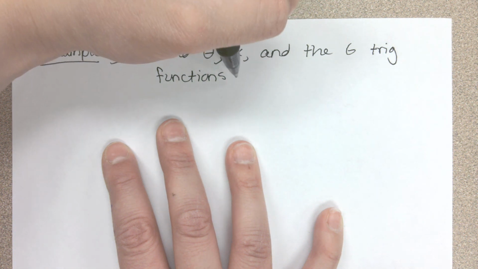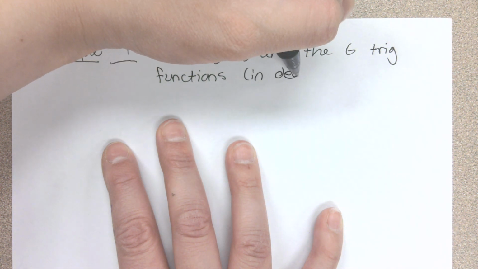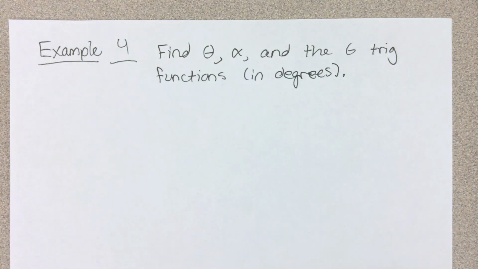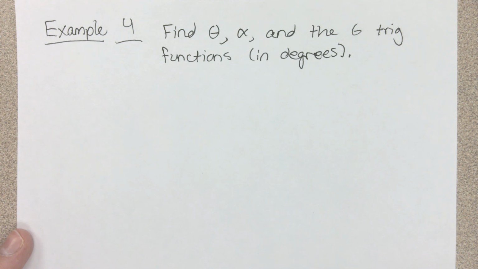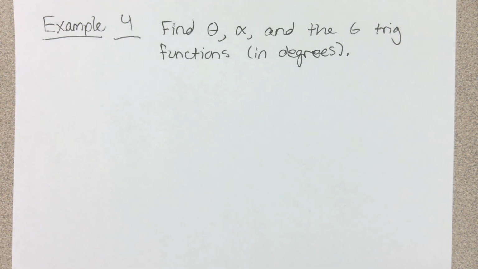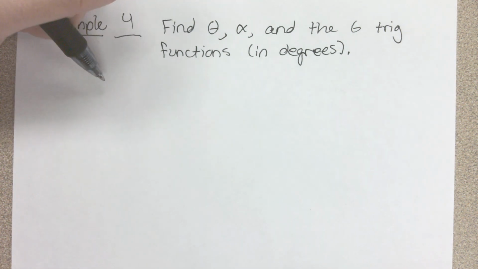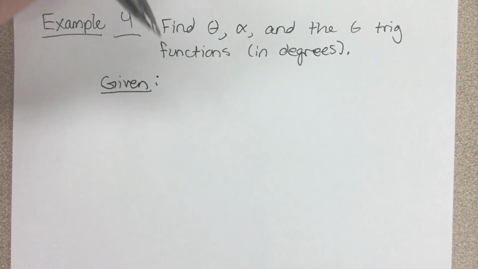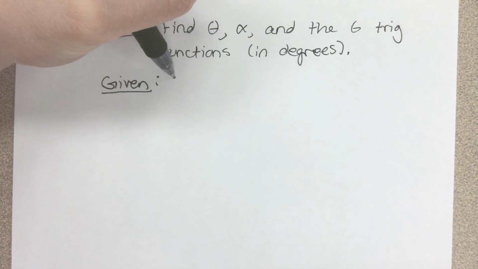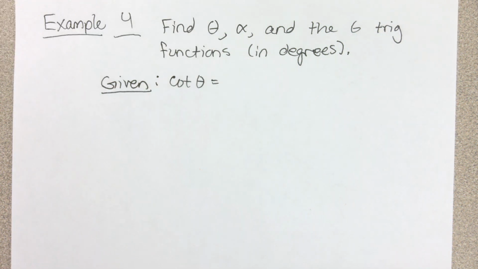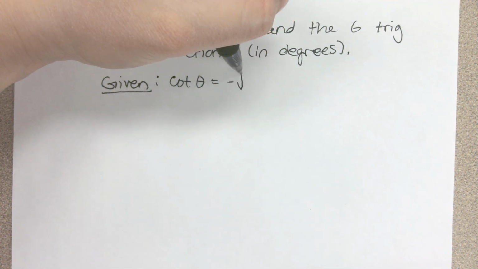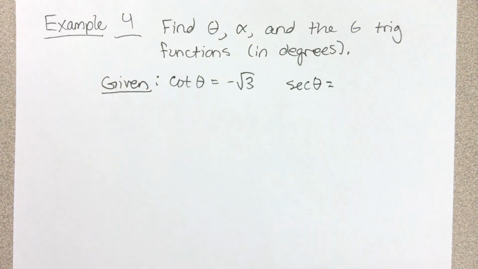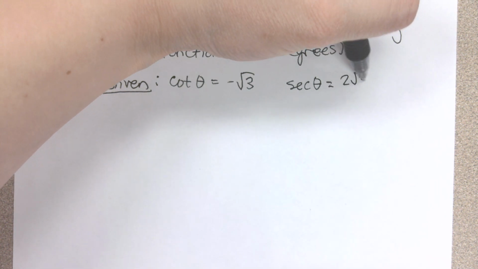And we'll keep it light in degrees. This time we are given cotangent theta equals negative square root 3, and secant theta equals 2 rad 3 over 3.